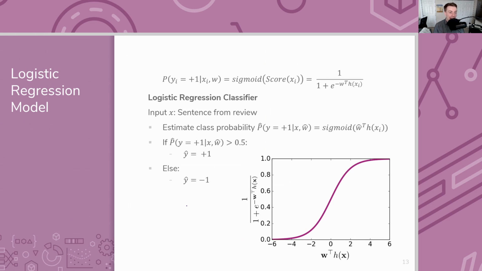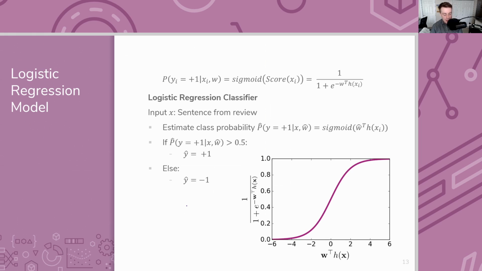And now we're making the statement: we think the world works such that this probability is controlled by a linear function that determines the score. And then we map that score to a probability between 0 and 1, using in particular the sigmoid function.